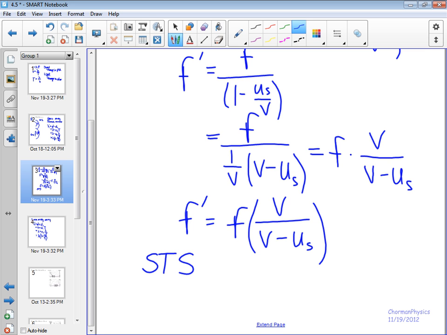So, source towards subtract. This is an acronym, all right? What this tells us is that for the formula for the shifted frequency, we have to be subtracting the speed of the source, okay, to calculate that.